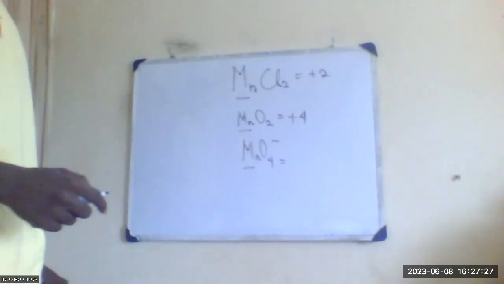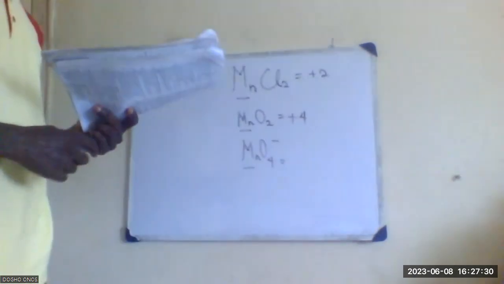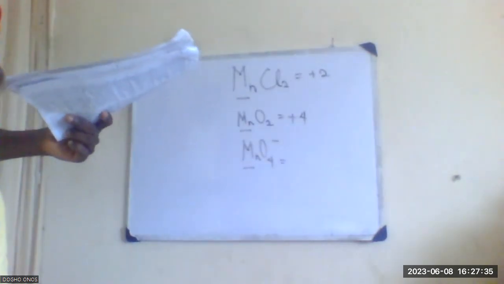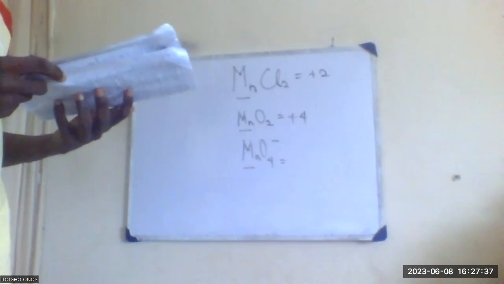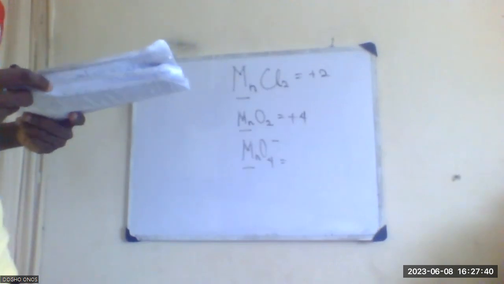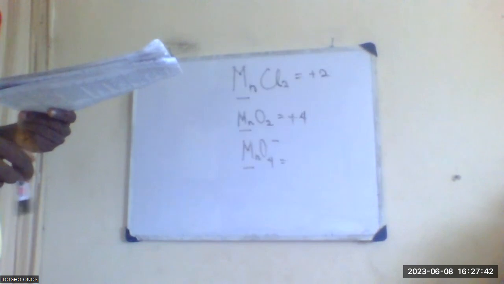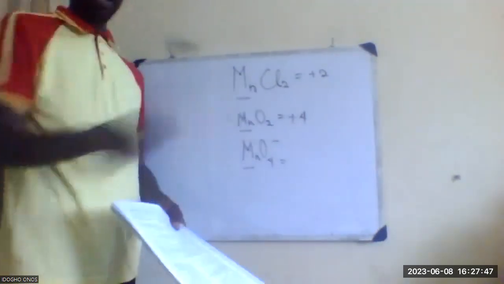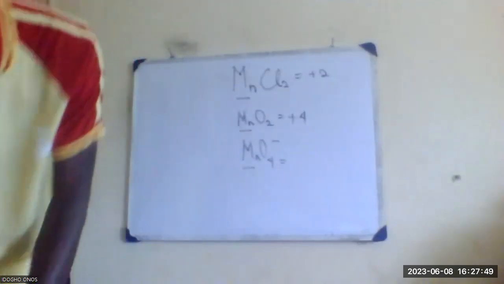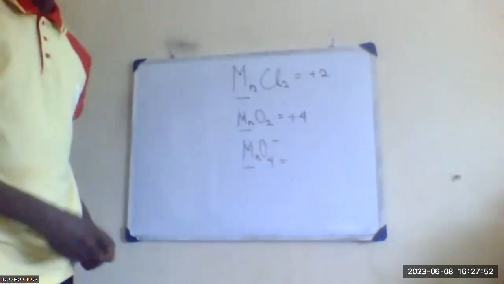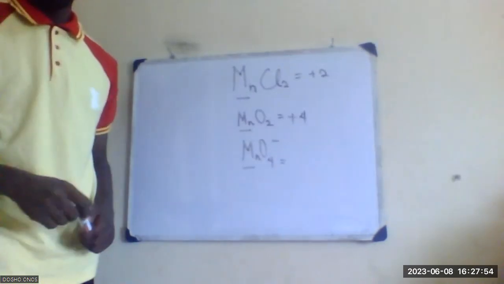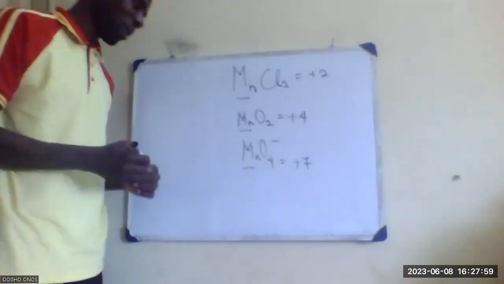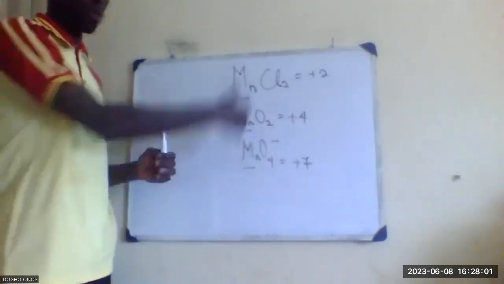Yes, plus 4. And then the last one, MnO4 with a minus. Okay, I've not seen the minus. Then it's plus 7. Okay, plus 7, that would be correct. 4 times 2 is 8, minus 1, 7.